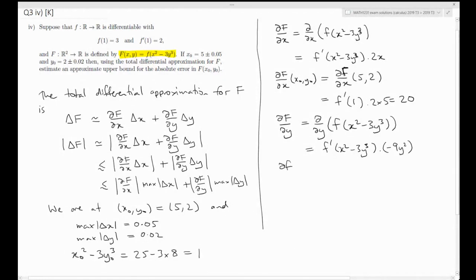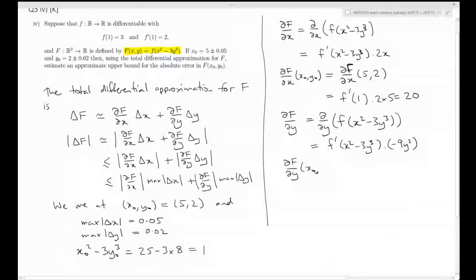And so at the point we're interested in, capital F, at x naught, y naught, partial F by dy at 5, 2 is f dashed of 1 again, because that's 25 minus 24, times minus 9, what's y?